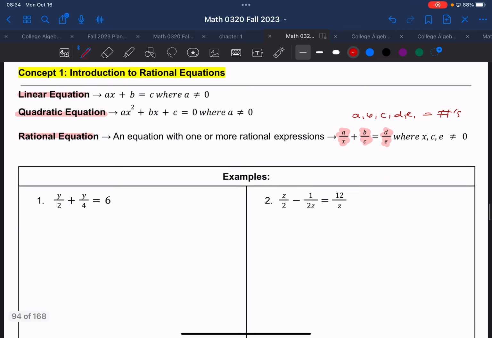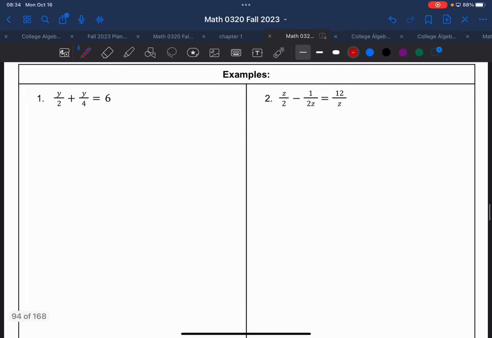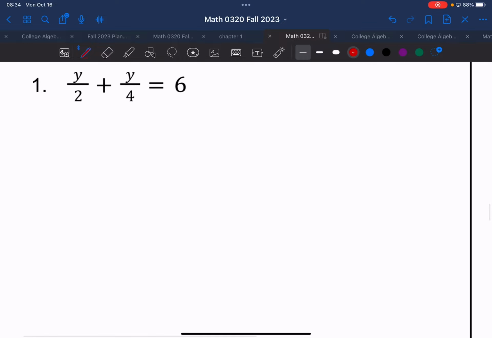So knowing that, looking at number 1, we have a rational equation in terms of what variable? What's the only variable we see here? Y. That tells us that we need to get y by itself because we are solving for y.